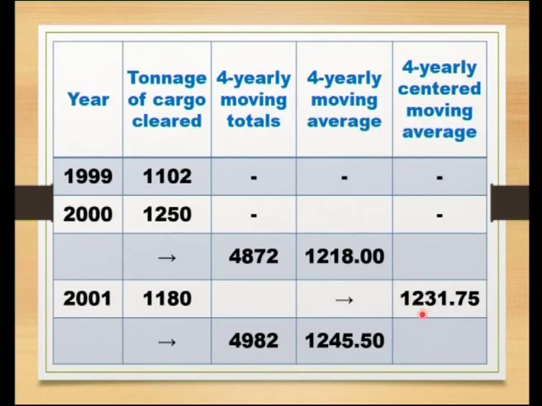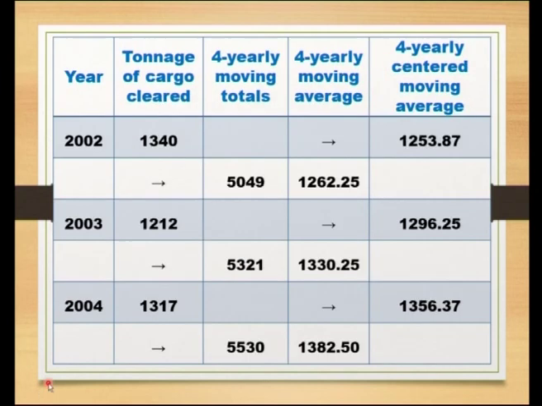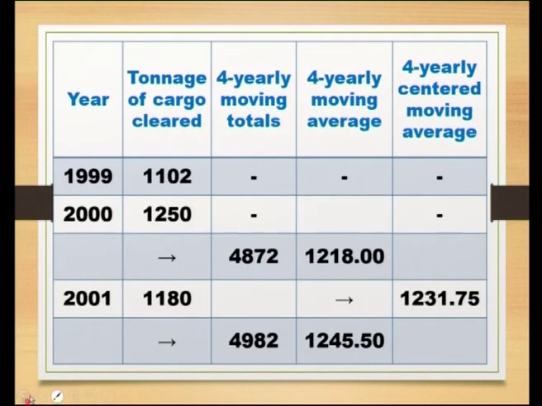See the table column. We have calculated the total of the 4 values: 1102 plus 1250 plus 1180 plus 1340 gives you 4872, which is divided by 4. 4872 by 4 gives you 1218.